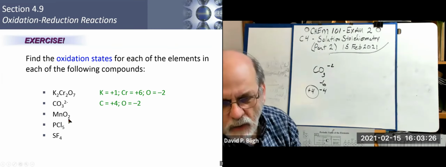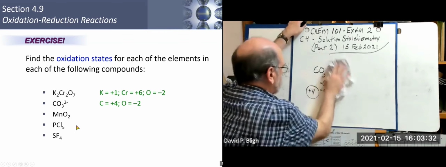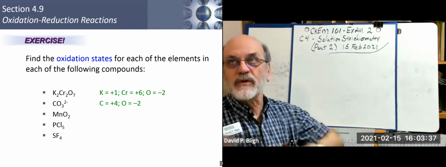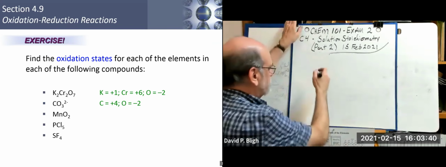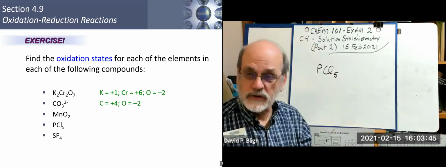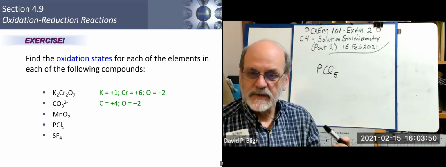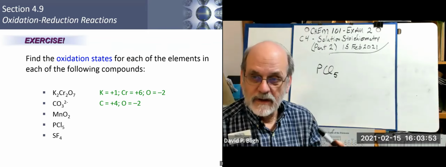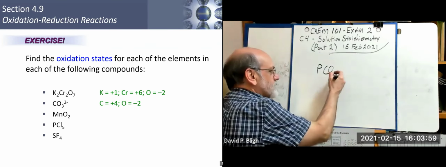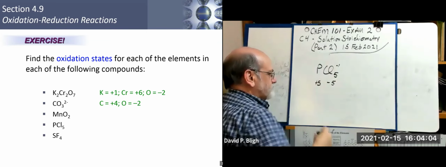Now, when we get to PCl5, that could present a problem, because I just told you that chlorine could have multiple oxidation states. Well, in this case, when you're presented with that problem, chlorine is a -1. So if it's a -1, -5 total, this one has to be a +5.